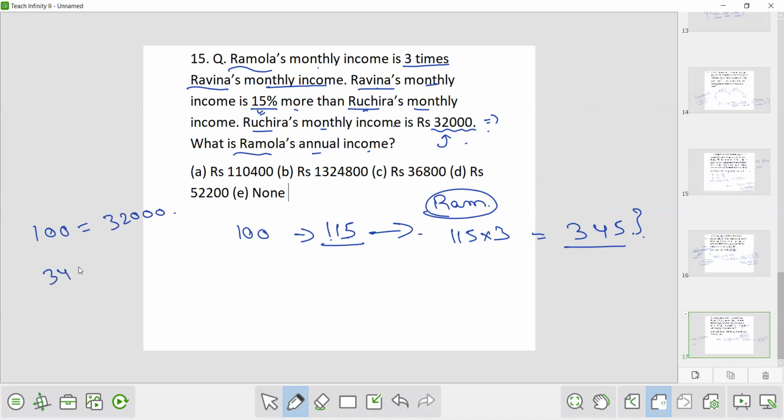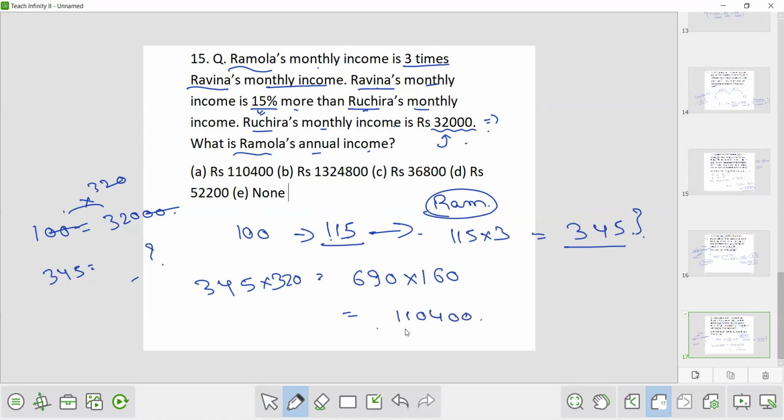So 345 is equivalent to how much? First of all, you will calculate this. So this is 320 times. So 345 into 320, that is 690 into 160. This is equivalent to how much? 110,400.